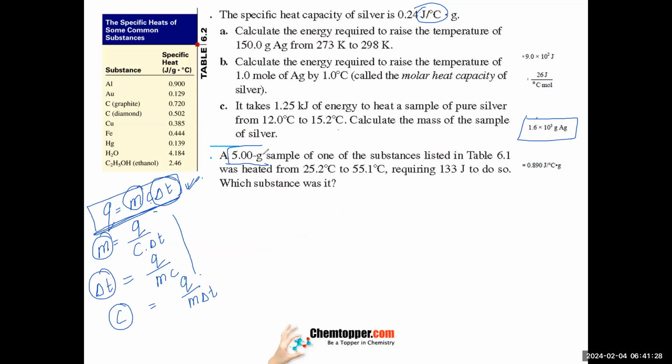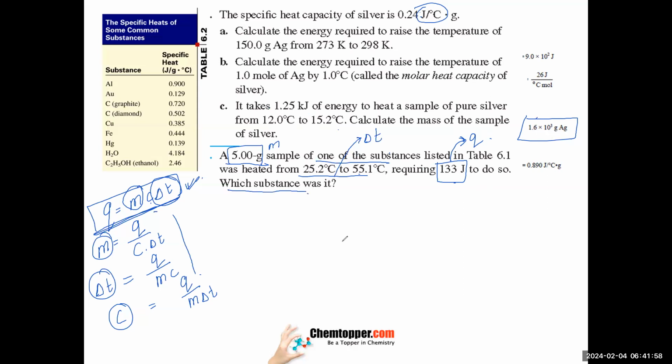So mass is given, M. One of the substances listed here, we don't know the substance. Delta T is given. What is this? 133 joules. Q is given, yes, Q from the equation. And which substance was it?